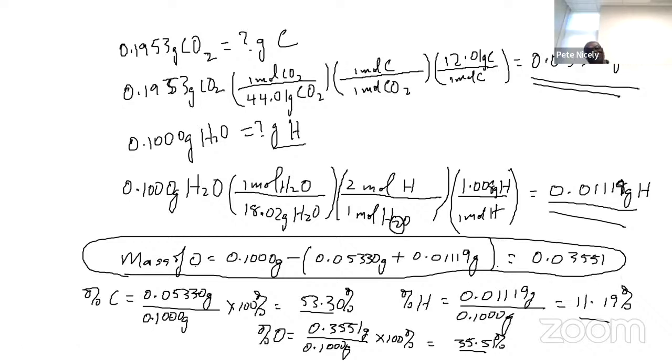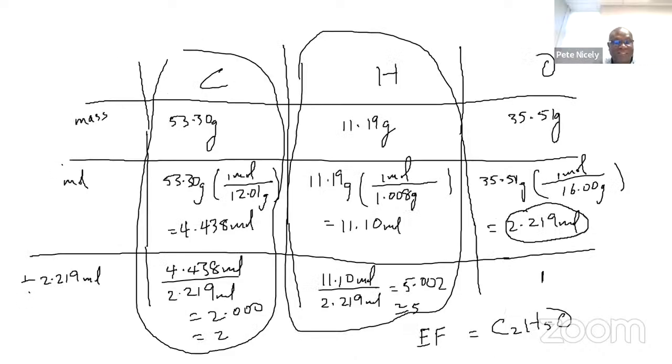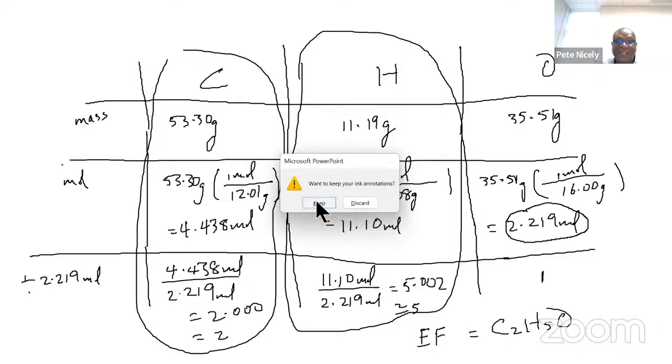Because remember, the question said from the outset that there are only three elements: carbon, hydrogen, and oxygen, right? So once you find the mass of the carbon and the hydrogen, all you have to do is add them up, subtract it from the original mass of the compound, and that will give you the mass of the oxygen. Okay. All right. Okay, so let me go back to the PowerPoint and see what's the next topic.